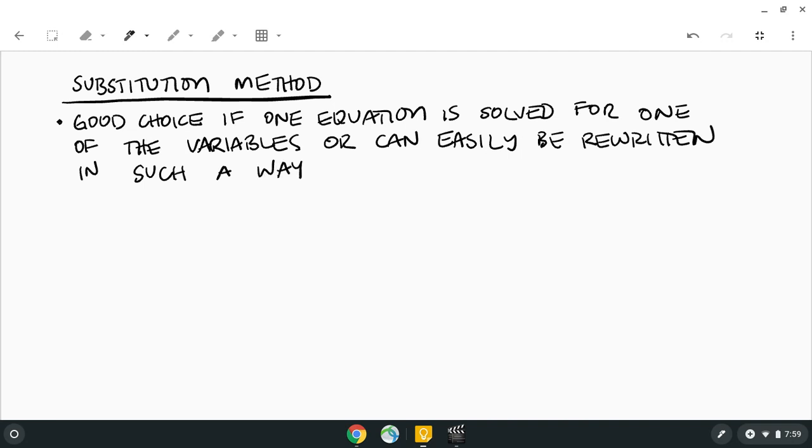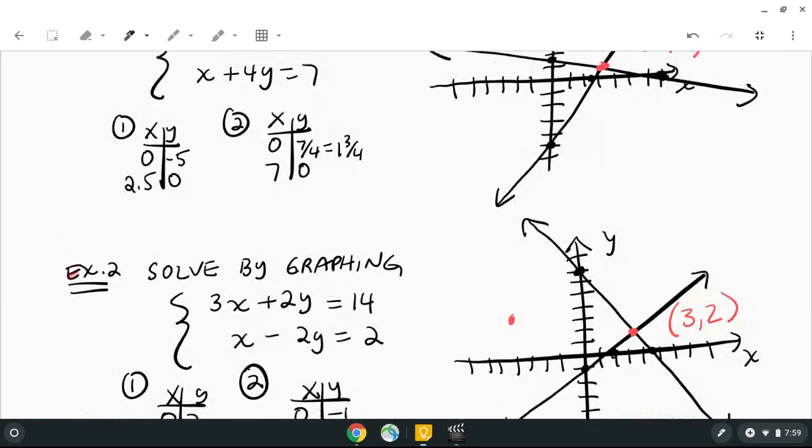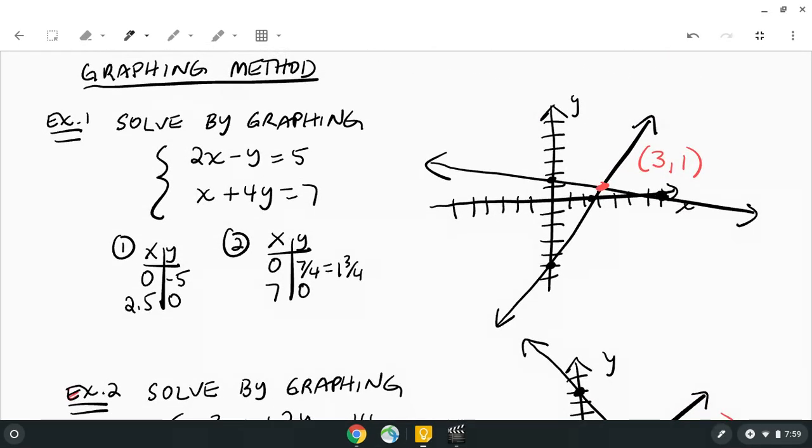Okay, so like these guys up here, let's go back to, so these here, so when they're written like that, I wouldn't use substitution method, I would use elimination method. But if you were going to use substitution method, it would be very easy if you rewrote this one so it said x equals negative 4y plus 7, right?